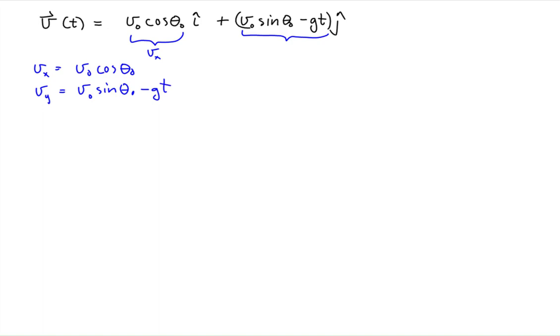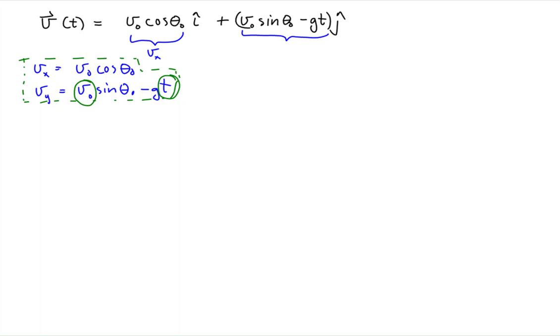Remember, our goal is to solve for the velocity as a function of time. So in order to solve for the velocity as a function of time, we'll need each of these components. And in order to get these components, we will need to determine the speed, v naught, and the time, t.